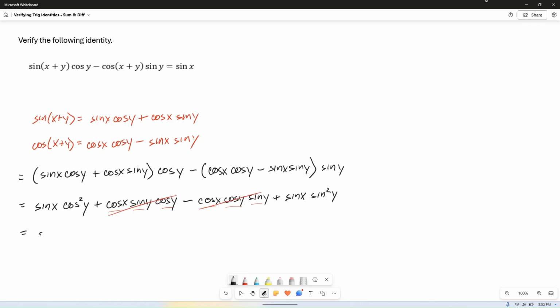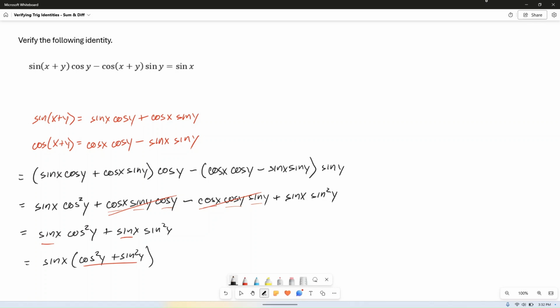So we're left with the sine of x times the cosine squared y plus the sine x times the sine squared of y. Both of these terms have a sine x in them, so we can factor that out. So we're going to have sine x times a cosine squared y plus a sine squared y, which cosine squared plus sine squared is just a 1.